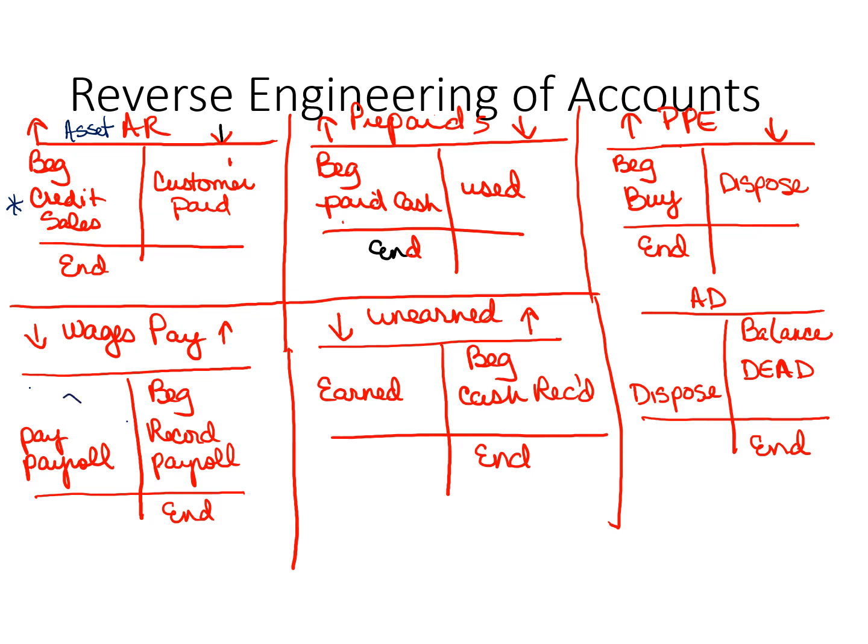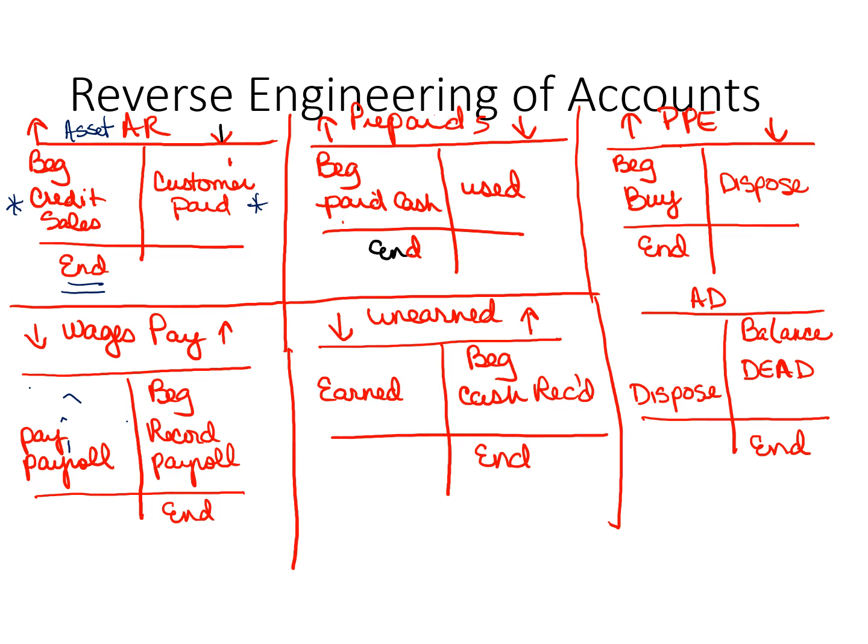And the credits to the accounts receivable are almost always when a customer pays their bill. So the customer pays their bill, debit cash, credit accounts receivable. And that's all that happens in that account. So that's kind of the anatomy of accounts receivable.